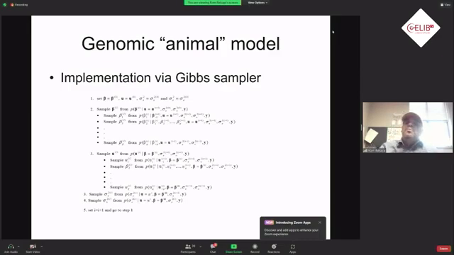So you will use a system like this one, and the Gibbs sampler is one of the most used algorithms to implement this type of model because it gives a lot of flexibility in dealing with these kinds of problems.